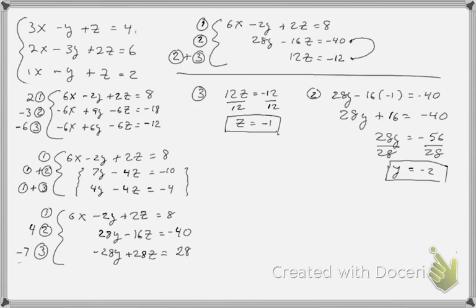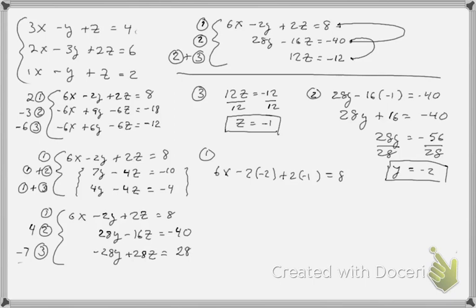Finally, once I know the value of both y and z, I can take those values and substitute them into equation 1. Equation 1 tells me that 6x minus 2 times whatever y is, negative 2, plus 2 times whatever z is, negative 1, has to equal 8.